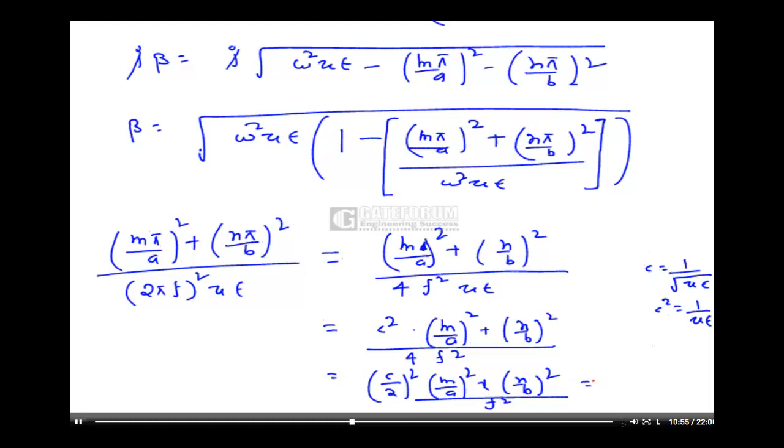So this I can write, what is the cutoff frequency? fc is c by 2 into square root of (m/a)² + (n/b)². I can write this as fc² by f².